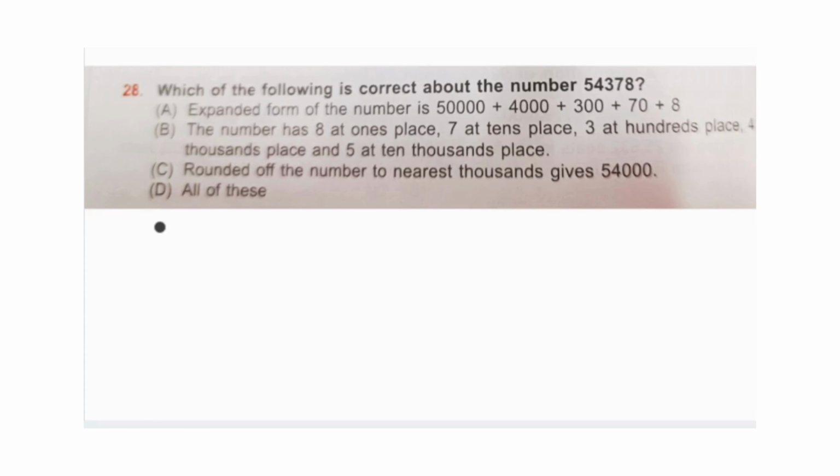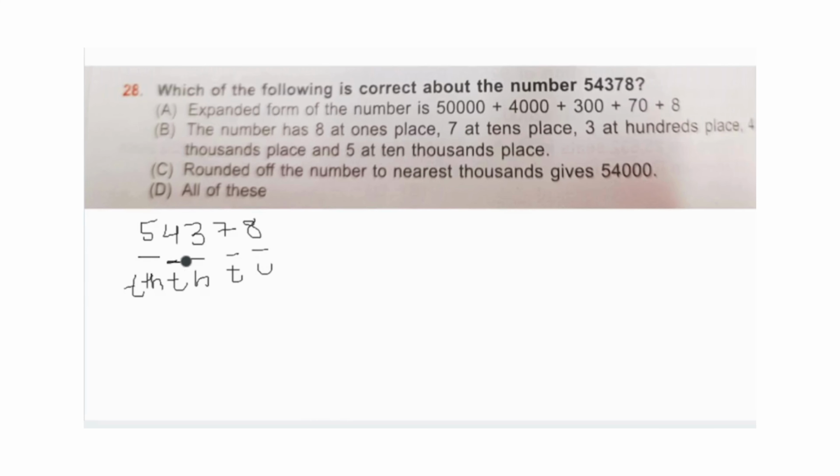So if you see option A, the expanded form of the number 54,378: this is units place or ones place, this is tens place, this is hundreds place, this is thousands place, and this is 10,000s place.